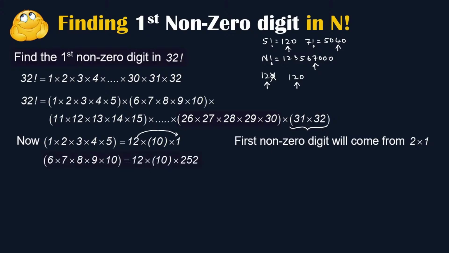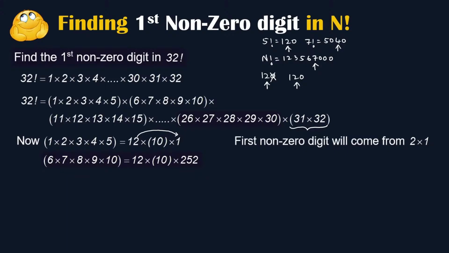6 into 7 into 8 into 9 into 10 gives us 12 into 10 into 252. Again, the same logic. I have kept this 0 aside. Why? To find out what is the last digit when 12 is multiplied with 252, which eventually gives us the first non-zero digit of the numbers when 6 is multiplied with 7, 8, 9 and 10.